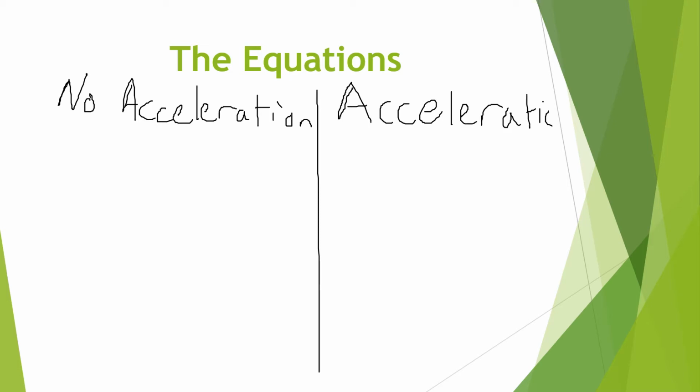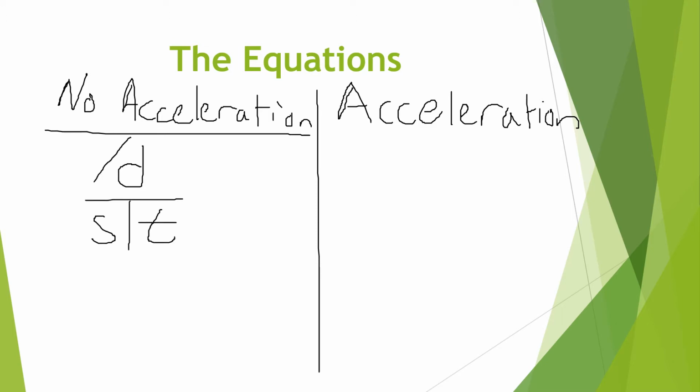If you do not have an acceleration, if you have no acceleration present in the problem, you don't see the unit meter per second squared, it doesn't say accelerates or anything like that, you are relegated to using the speed triangle. There are 3 equations that come from this triangle. These are the equations.